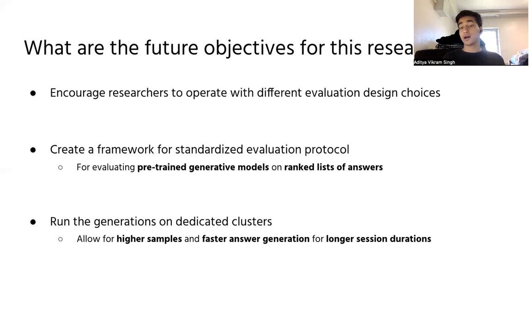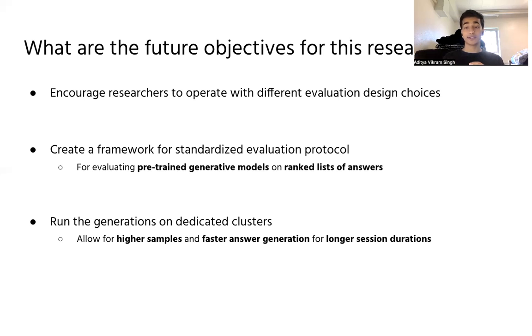But I think a possible scope of expansion would be to incorporate more evaluation metrics, maybe evaluate some different kinds of sampling techniques for the one-shot or for the K-shot generation policies. We also wanted to create a framework for a standardized evaluation protocol, a standardized way to approach evaluating these pre-trained generative models.